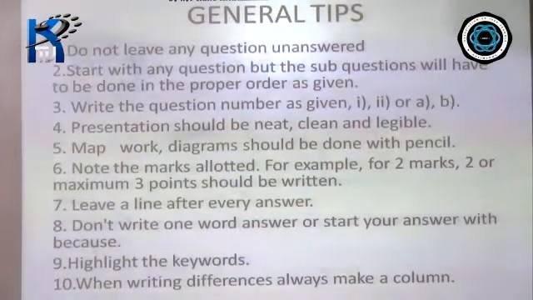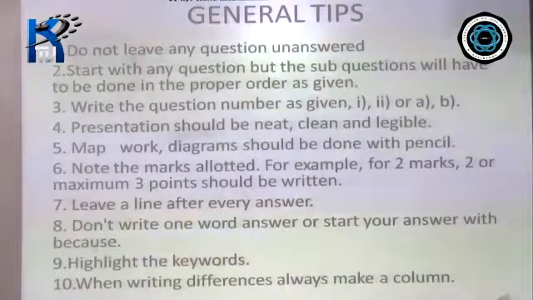The next important thing is the marks that have been allotted. Minimum marks for geography answers is 2 and maximum is 3. So write your answers short and to the point, you don't have to write long answers. Especially if differences are being asked, for example the difference between the Western Ghats and the Eastern Ghats, and it's carrying 3 marks, don't just write 3 points, at least write 4 to 5 points for that.